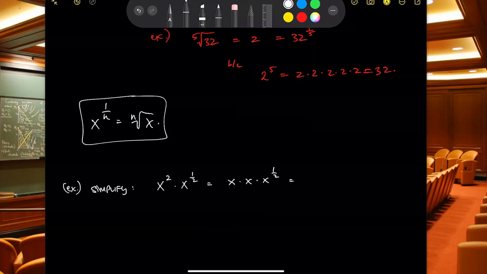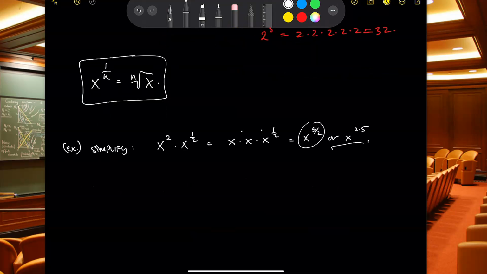How many x's do I really have? 1, 2 and a half. Right? This is really x to the 5 halves, or x to the 2.5. It's okay to write decimals as well. Usually we want to write fractions so that we can see what the root is, but having a decimal is totally fine for most purposes.